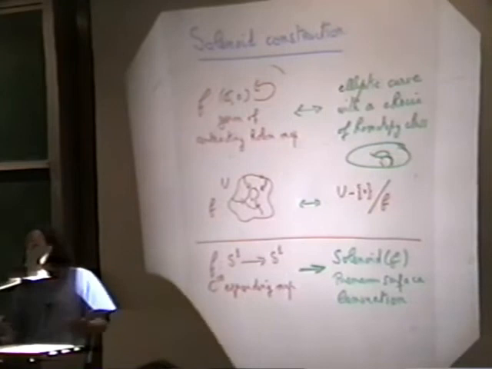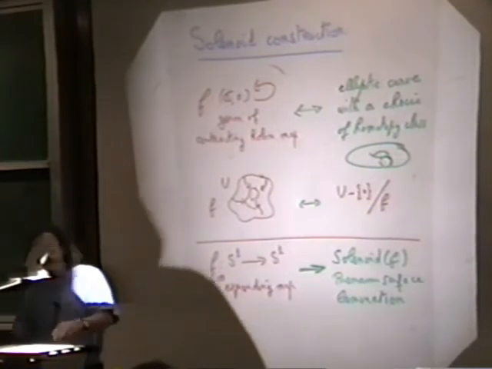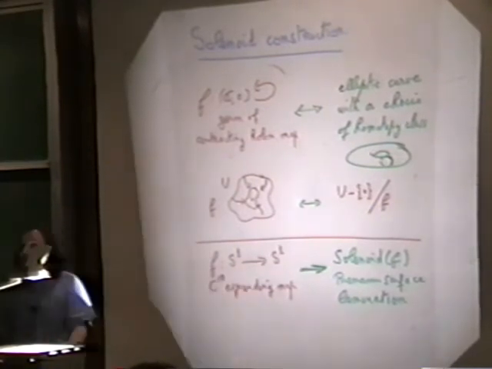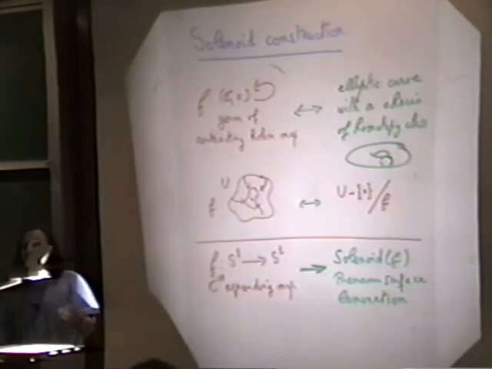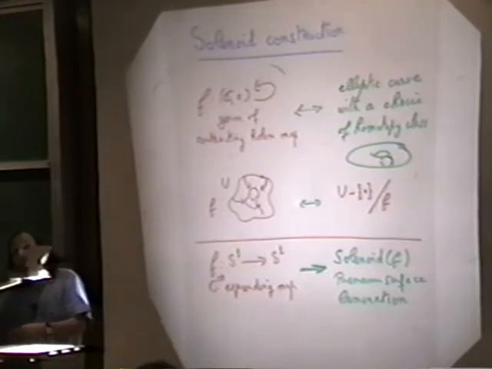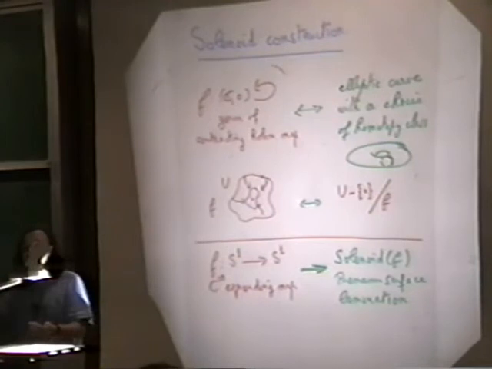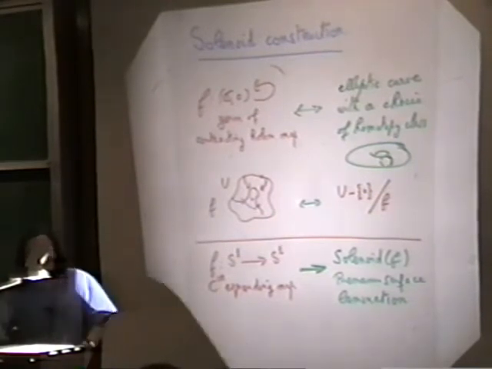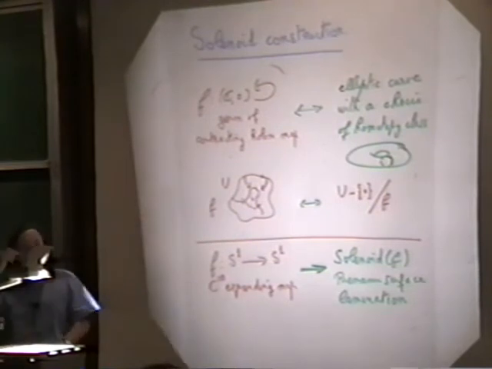So this shows you that you can associate to a dynamical object like F a geometrical object; this elliptic curve is dynamically defined.